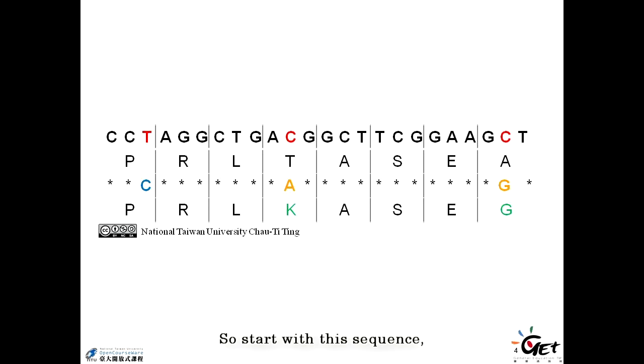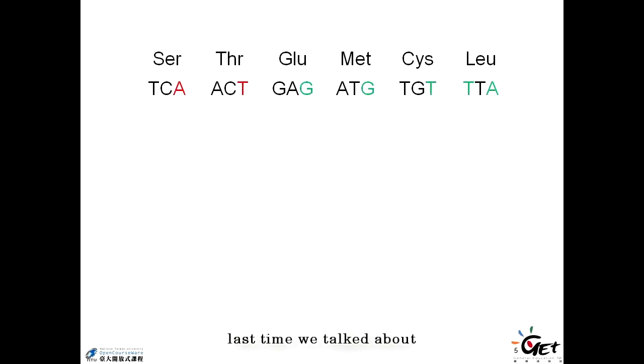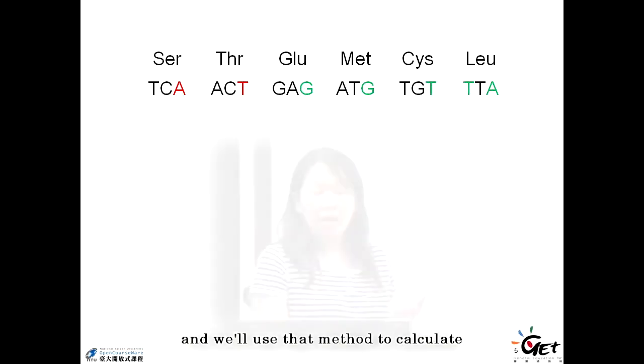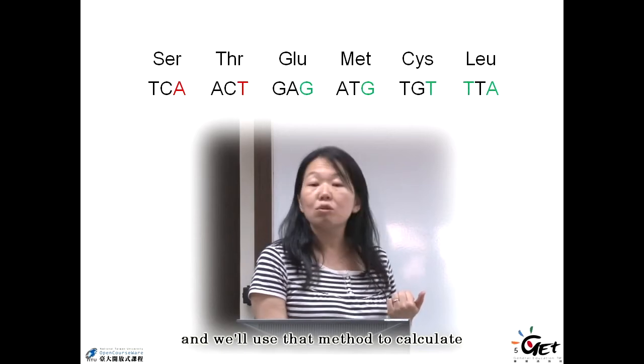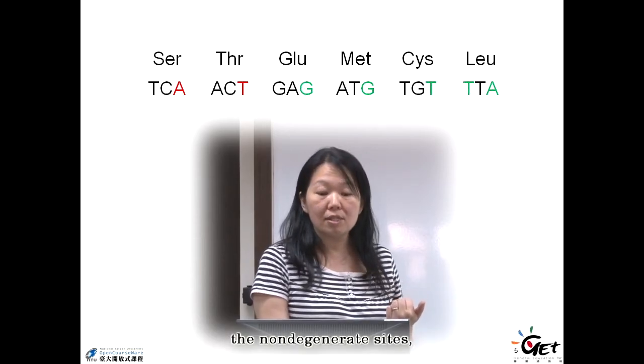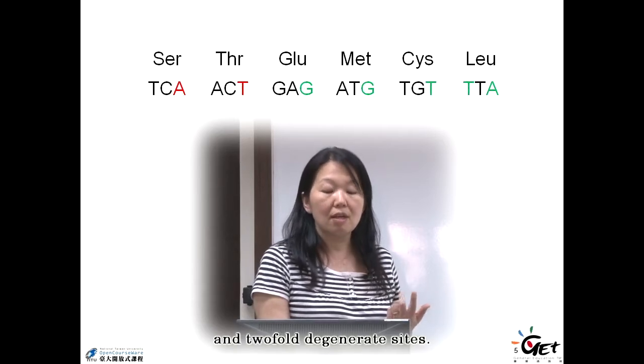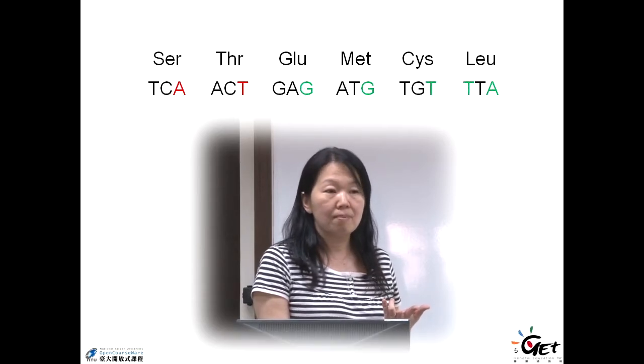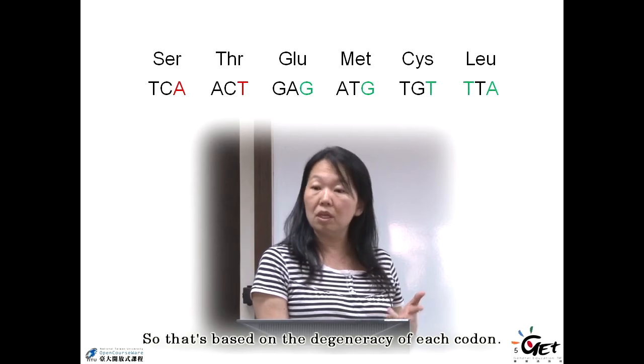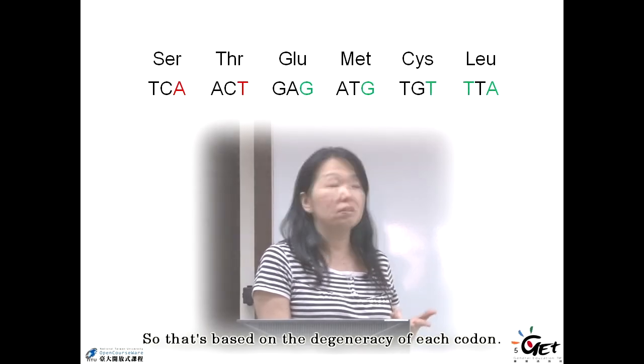So start with this sequence. Last time we talked about how we are going to calculate the synonymous and non-synonymous changes. We'll use the method proposed by Li, and we use that method to count the non-degenerate sites, 4-4 degenerate sites, and 2-4 degenerate sites. That's based on the degeneracy of each codon.